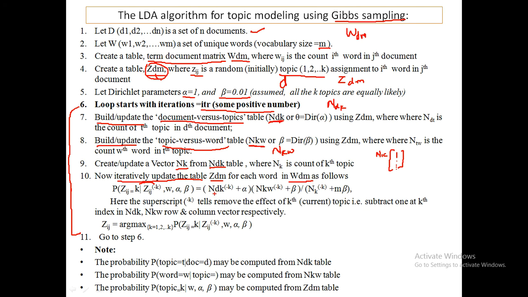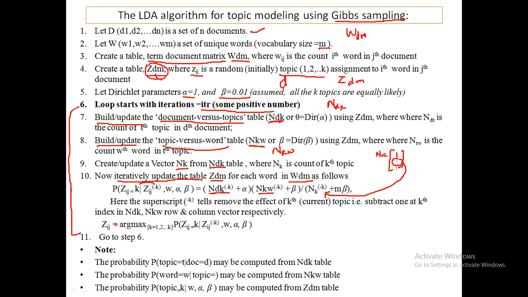So we shall take the value from NDK plus alpha, which is a row vector, and this is a column vector, and the value at kth index we shall subtract by 1 in order to remove the effect of kth topic, divided by the total count of kth topic currently available in ZDM, plus the beta multiplied by the vocabulary size.